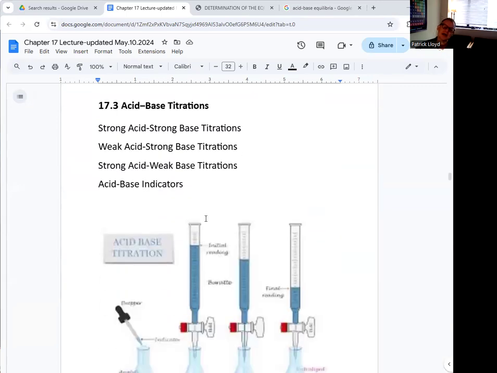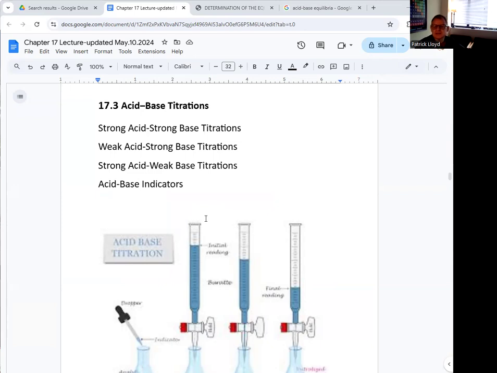Then you'll get into acid-base titrations, and you might say, wait a minute, I did acid-base titrations in the previous course. Why am I doing them again? And again, what we'll do is we'll look at it from a more complicated, a more sophisticated method. We'll involve equilibria, but we can also now do something which you generally don't do in the first semester, which is you talk about pH. So we're going to look at pH curves for acid-base titrations.